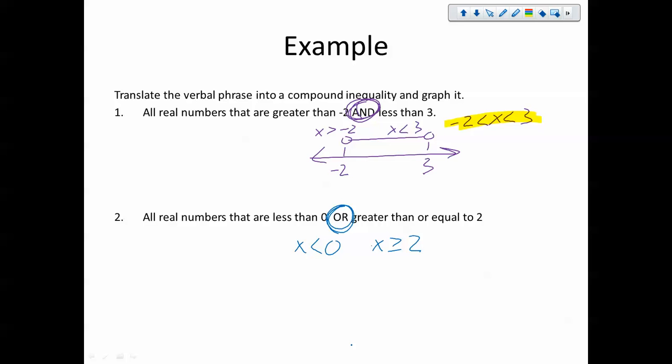We don't combine them. And our graph on this will then be that we're going to have 0 and 2. We have an open circle on 0 because it's a less than symbol with no equal to, and it's going to be smaller. And then we've got x is greater than or equal to, so that's a closed circle, and that's going to be moving to the right.